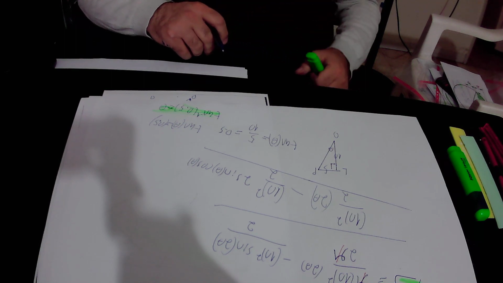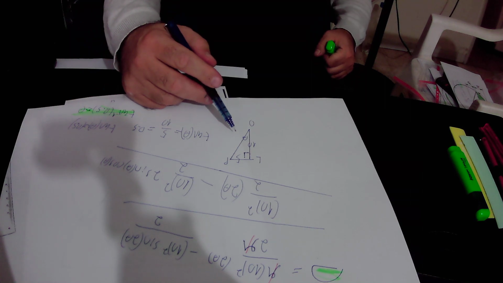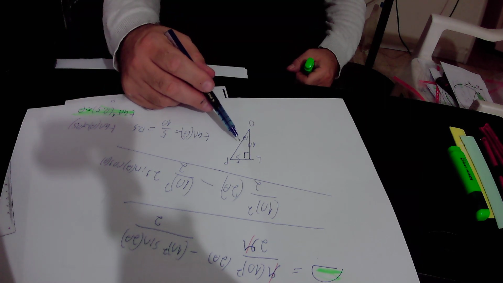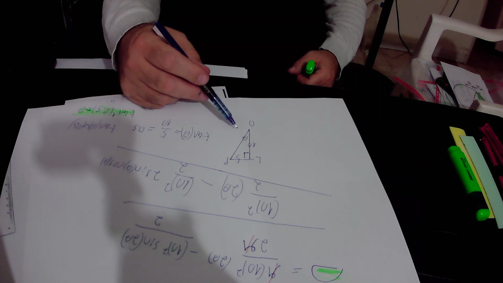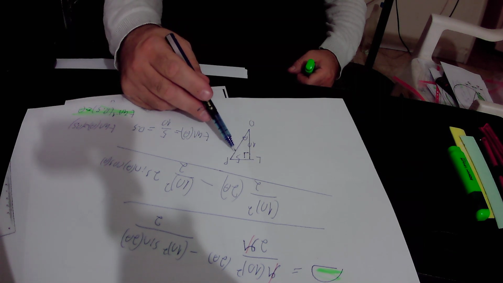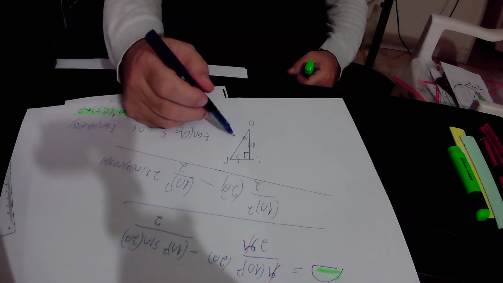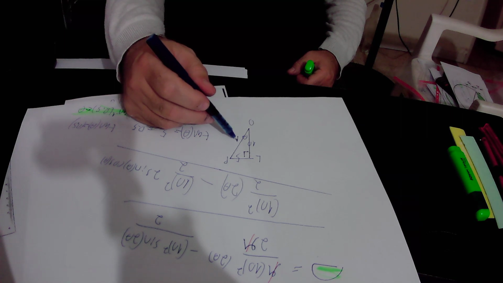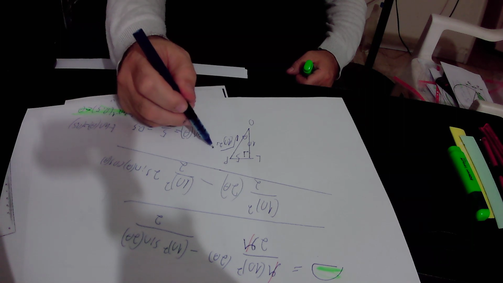And according to the pattern, if we implement the Pythagorean theorem on this right triangle LOP, that is to say 10 square plus 5 square equals PO square. That is to say PO equals the square root of 10 square plus 5 square.